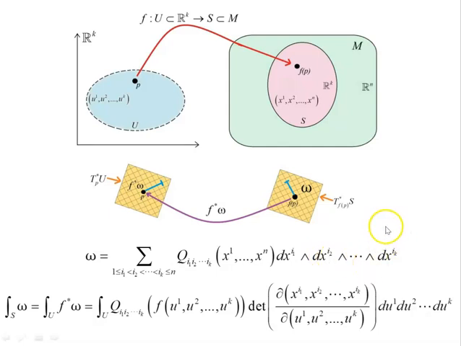You can have that linear combination, as I did in the video prior to this. And then the integral of omega over S here is equal to the integral of the pullback of omega under the map F to here, integrated over the domain U, over the values in U.